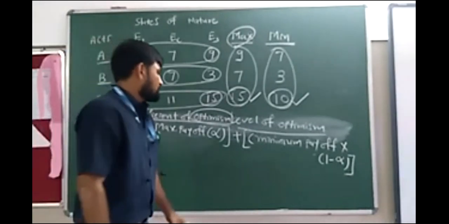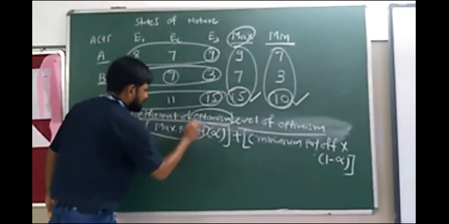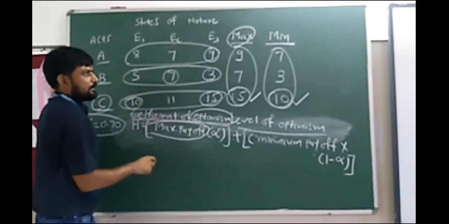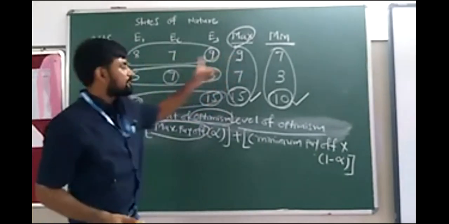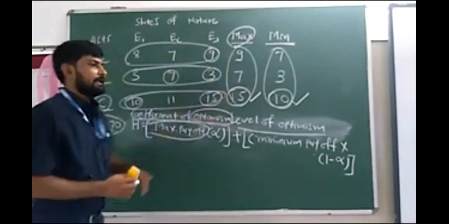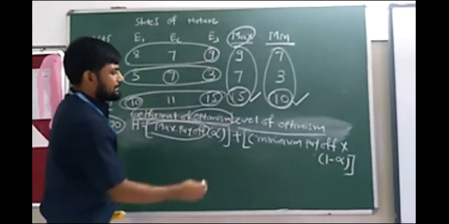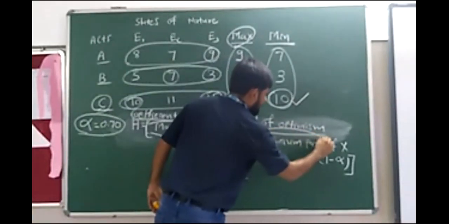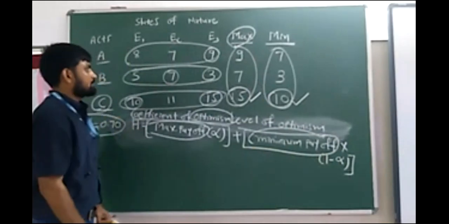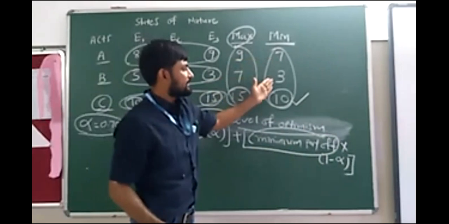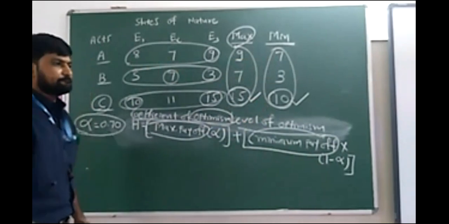First of all, according to the formula, we have to find the maximum payoff for different acts. We have already found the maximum payoff for act A is 9, for act B is 7, and for act C is 15. Again, as per the formula, we need to find the minimum payoff for each act. We already found 7, 3, 10 for acts A, B, and C.